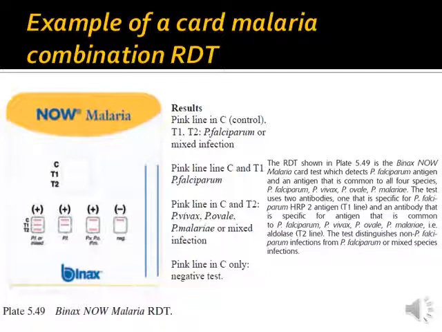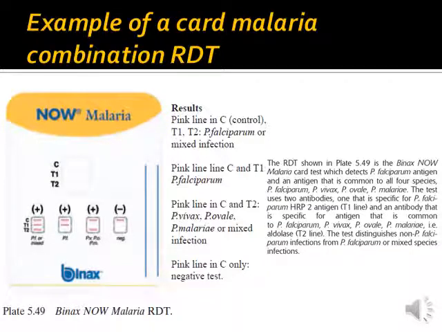So the second one is showing a positive line at T1 and the control line, so this is indicative of Plasmodium falciparum malaria.